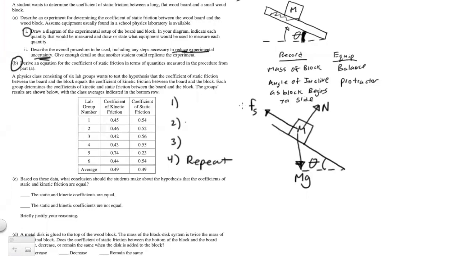And then friction static equals mu static times normal force. Now, for dealing with incline problems, to simplify this, we're going to make the incline the x-axis, and we're going to make perpendicular to that the y, right? This is going to make life much easier. So let's sum forces x and sum forces y.